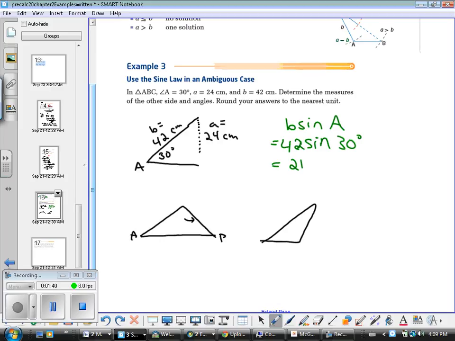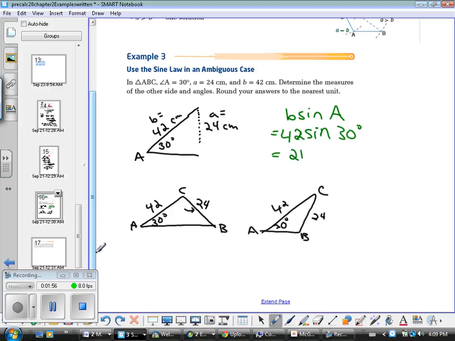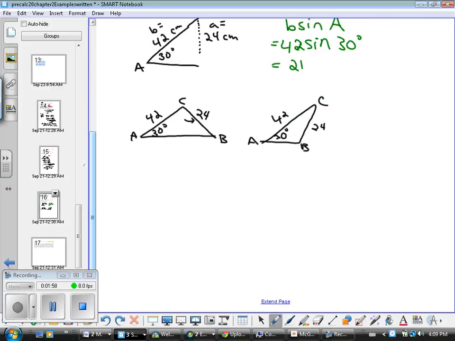So in both of these cases, we are going to have an angle of 30 degrees. That's A. We're going to have a side that's 42, and we're going to have another side that's 24. And so we'll just use the sine law to solve for angle B. The sine law is going to work the same in both cases.